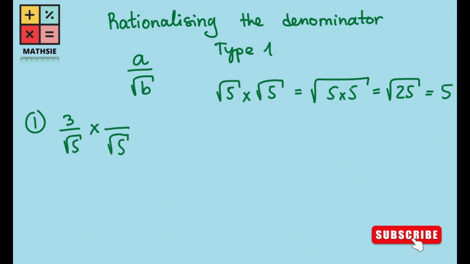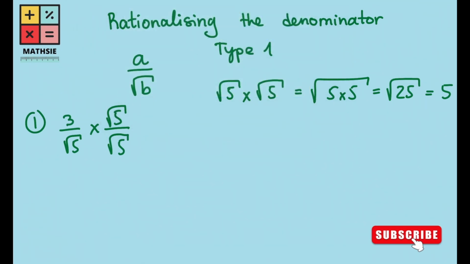But in order to be mathematically correct, whenever we multiply either numerator or denominator in a fraction, we need to do exactly the same to the other one. So here in our case, we would also need to multiply the numerator by square root of 5.